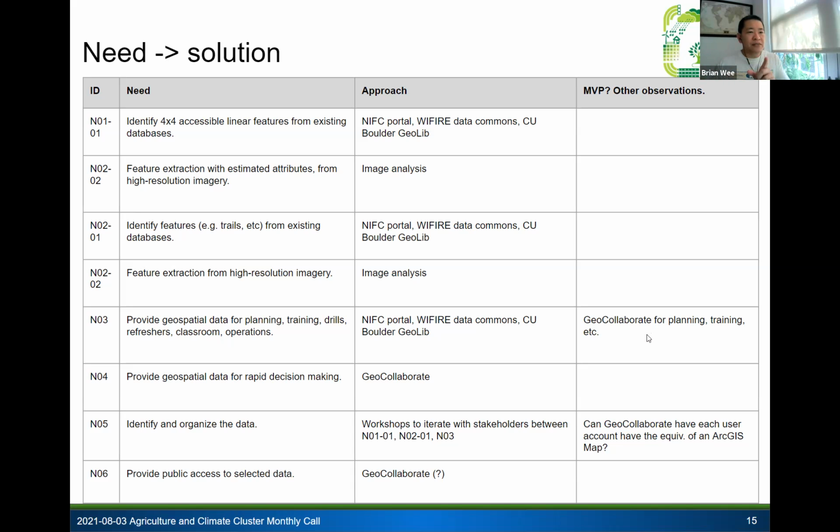But there are some pieces where GeoCollaborate could play a part: need 04, provide geospatial data for rapid decision making.